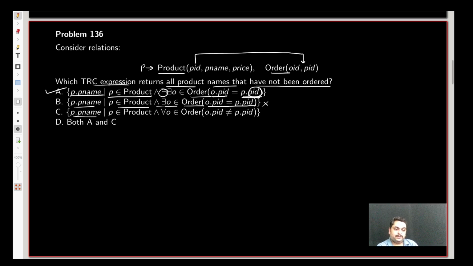Then P.Pname, where P belongs to product, and for all O where order.PID is not equal to P.PID. I am selecting all those products for which you don't find any product ID in the order table that is present in the product table. That means this is also correct. All those I'm selecting have not been ordered. So both A and C are correct.